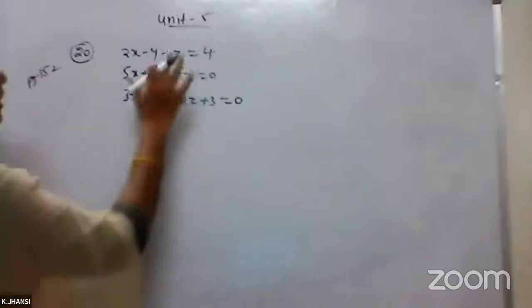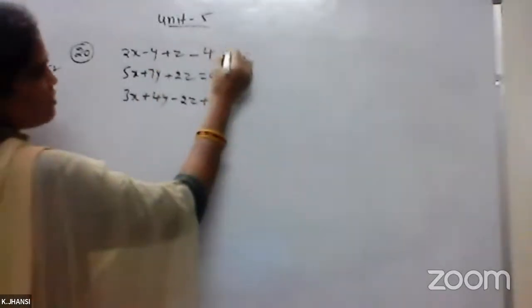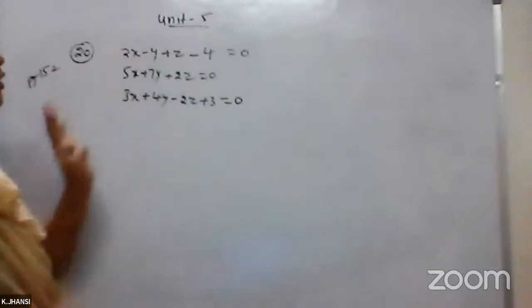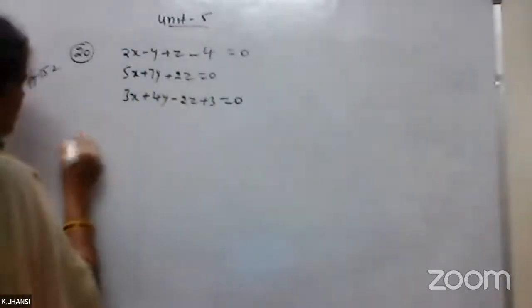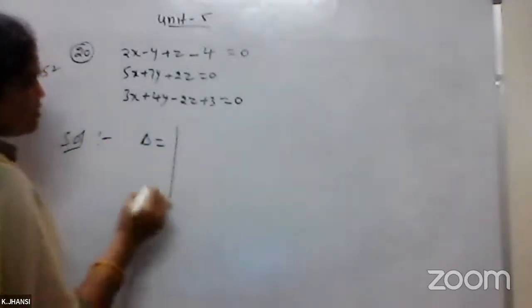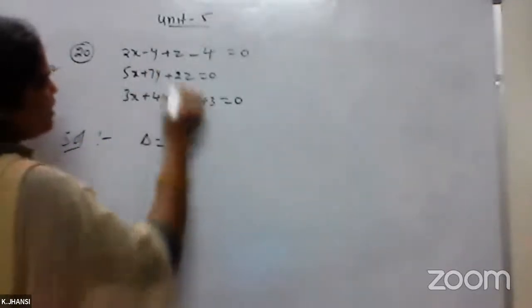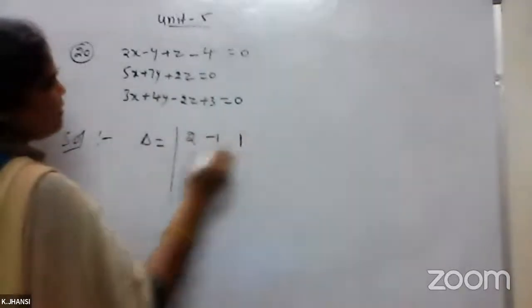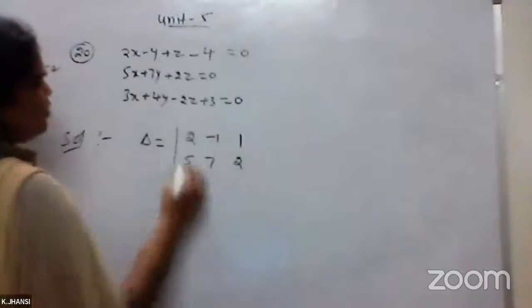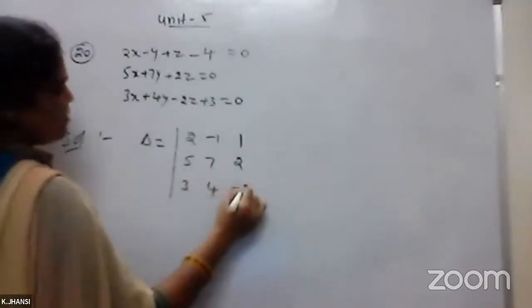So here the first one you can take minus 4 equals 0. Okay, it is equal to 4. Now you take it inside, then you will get minus 4 equals 0. Now you write the delta value, that is delta equals 2, minus 1, 1, next 5, 7, 2, 3, 4, minus 2.